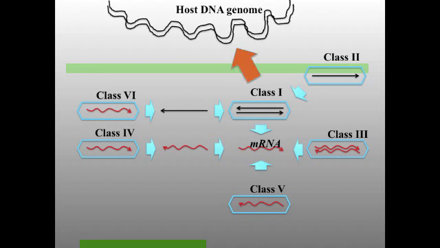But the main reason this seems to be happening is because these guys can now integrate into the host genome, and at least for the retroviruses, it's absolutely required that they integrate into the host genome.